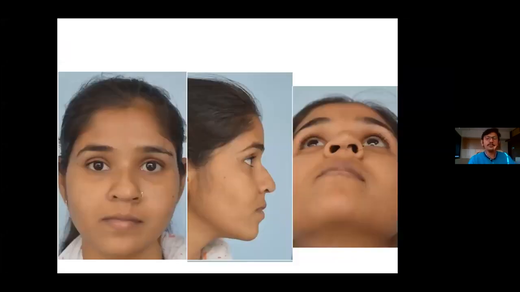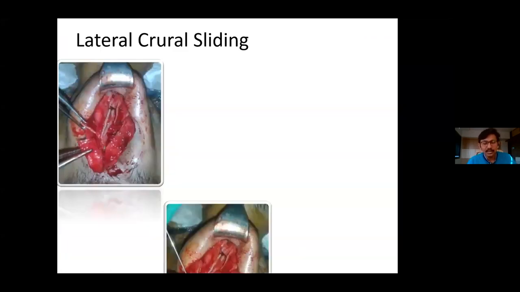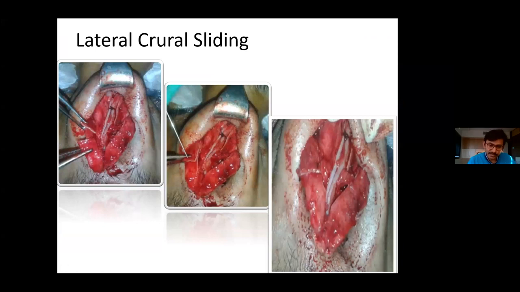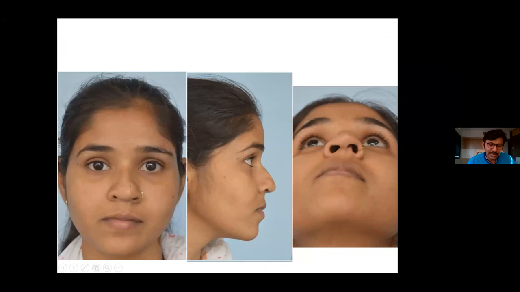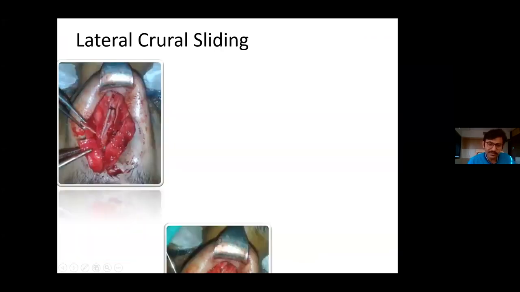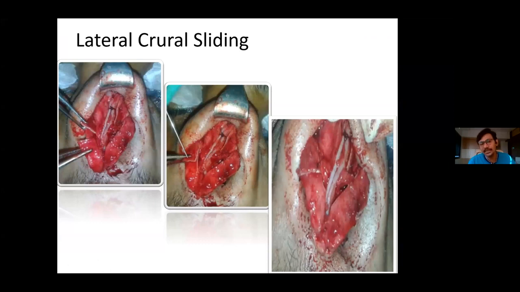Now you also encounter a lot of isolated tip deformities like these. So in her case, only one lateral crus, as you can see here, the deformity is more on the left hand side. On the left hand side, the lateral crus was very large as compared to the right hand side, and this is very rarely seen.